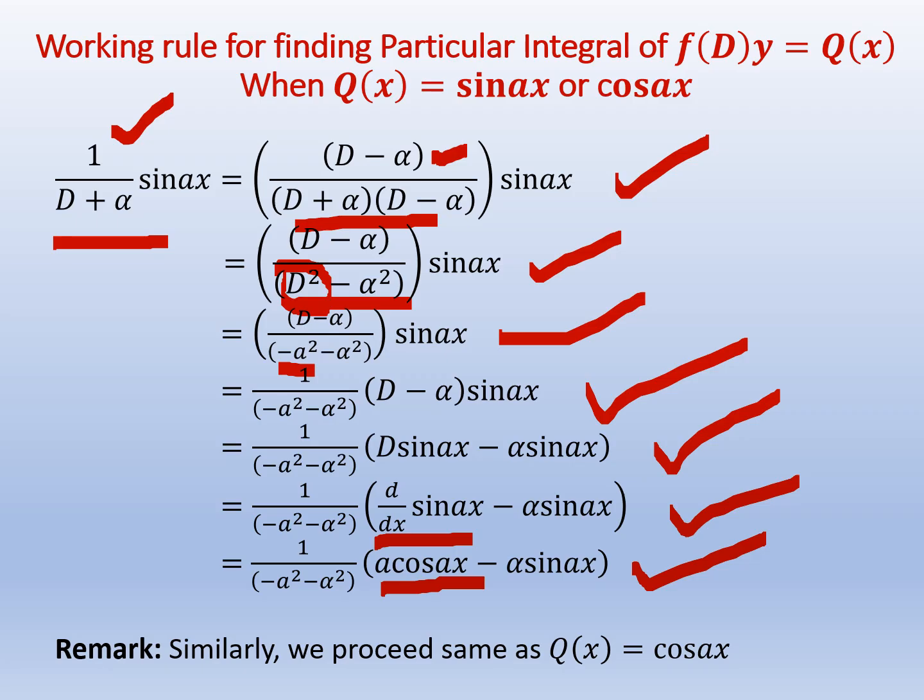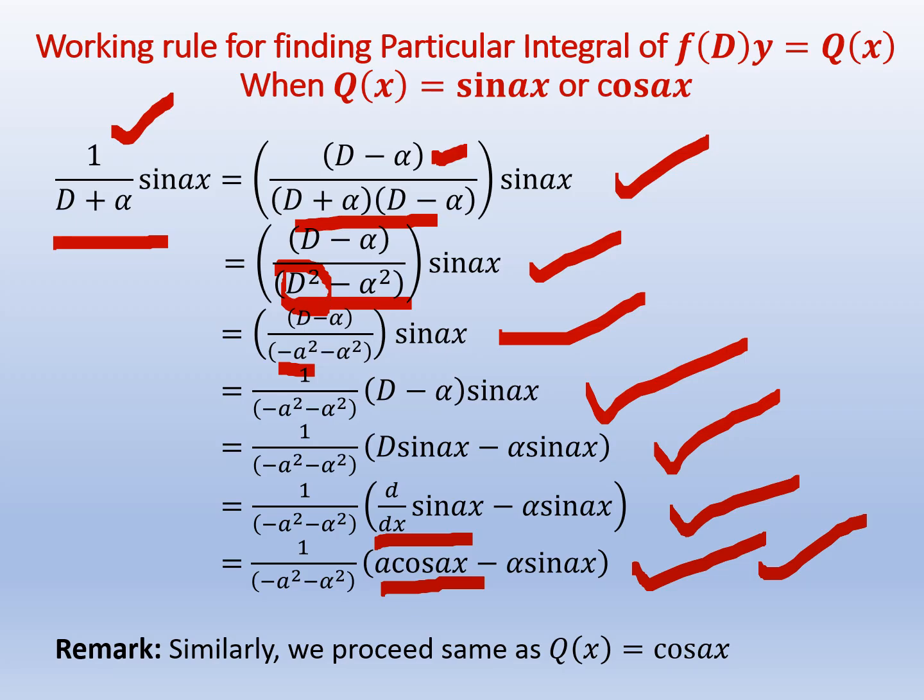Thus we get 1 by minus a square minus alpha square of a times cos ax minus alpha times sin ax. Thus 1 by D plus alpha into sin ax is 1 by minus a square minus alpha square of a times cos ax minus alpha times sin ax.